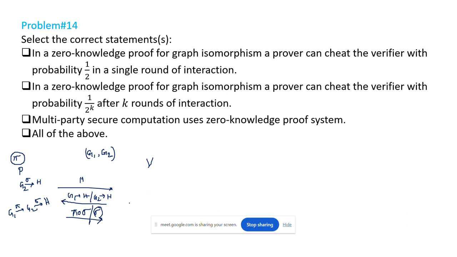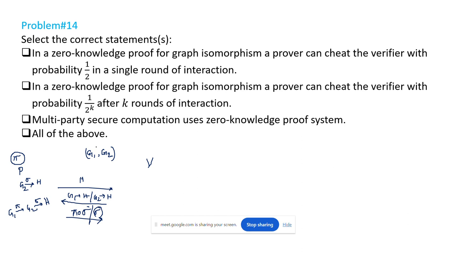That is not a problem for the prover, because it is independent of pi. And if the mapping from G1 to H is asked, then sigma works as a masking of pi. So pi is hidden by the random mapping sigma, and the final composite is revealed, which does not reveal anything about the exact mapping pi.